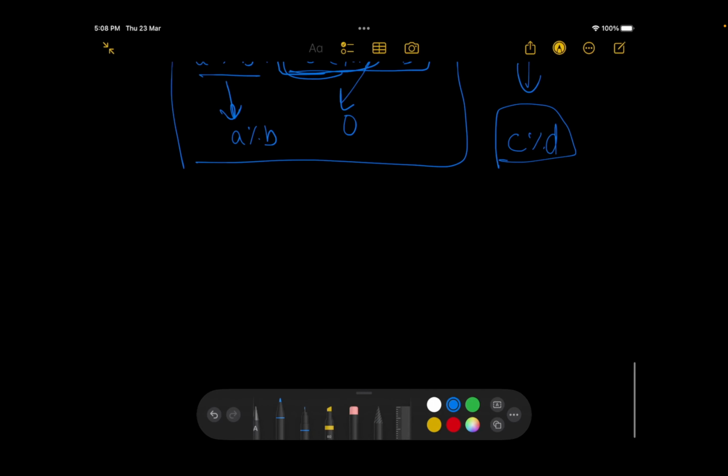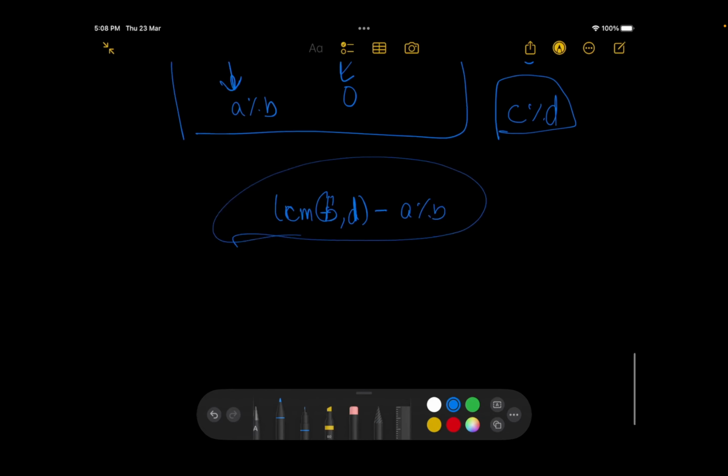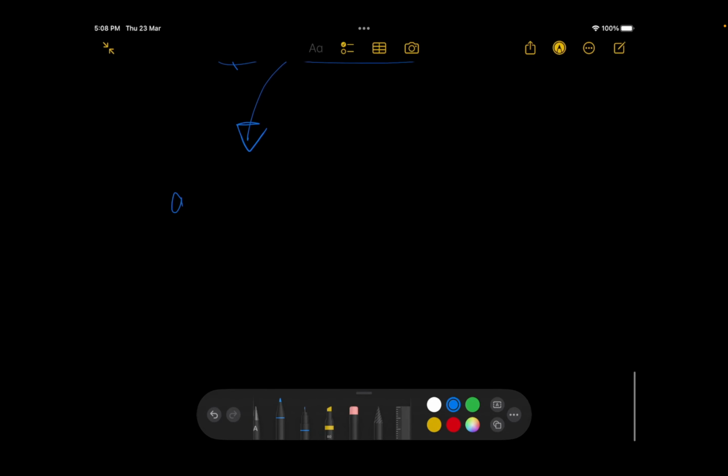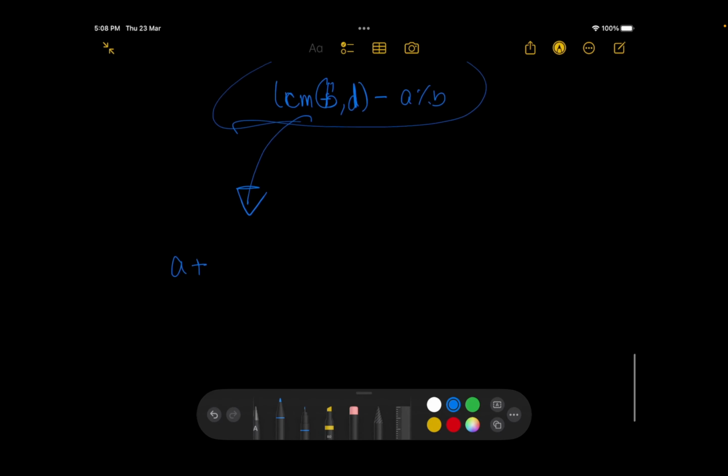So what I can say is that the answer is LCM(b, d) minus a mod b, or you can say c mod d, both have the same values. Now why is this the case? Because I'll plug this particular equation into my answer, and what I'll be getting is (a plus LCM(b, d) minus a mod b) mod b.